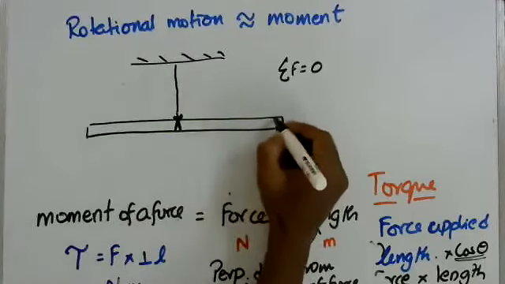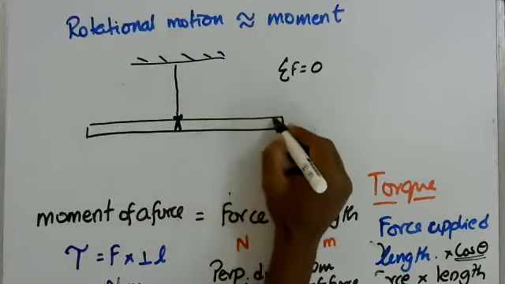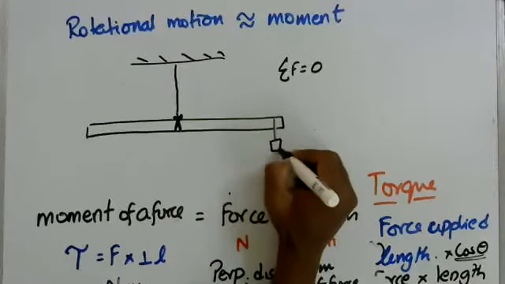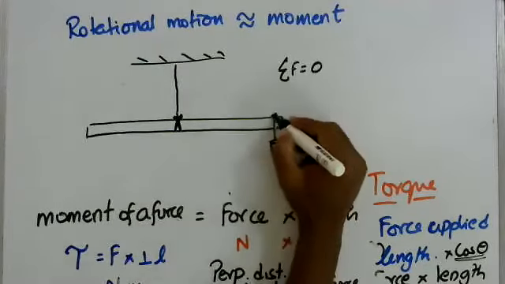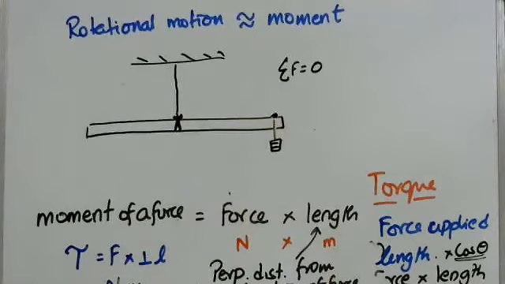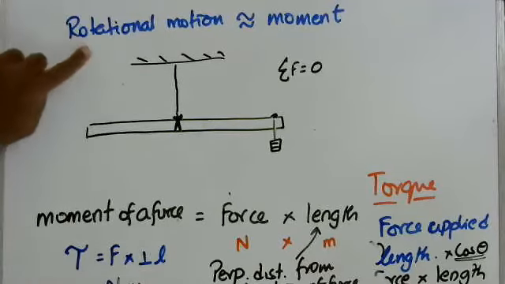Now, if I dangle a small weight on this side, what will happen? It'll go towards the weight's side. It'll move clockwise. Yeah, exactly. So you have to define the rotational motion that is going to take place in terms of the direction.